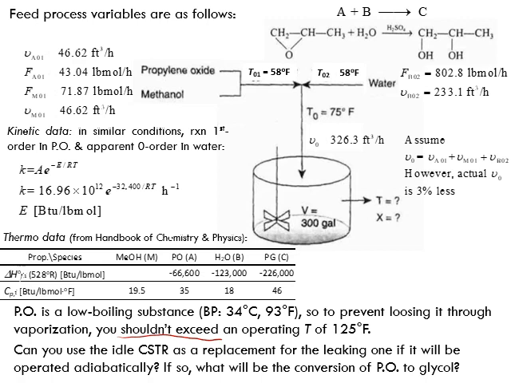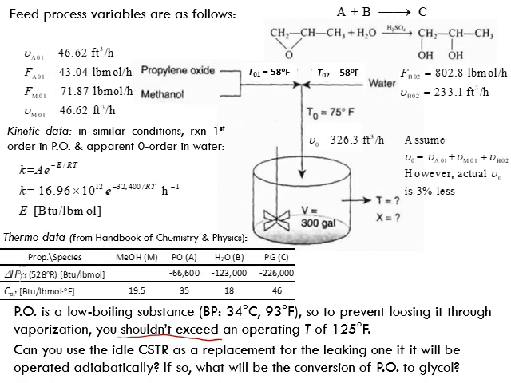If so, what will be the conversion of propylene oxide to glycol? So basically we need to calculate X and T and then compare the T to the constraint, which is T equals 125 degrees Fahrenheit. It shouldn't exceed 125 degrees Fahrenheit.